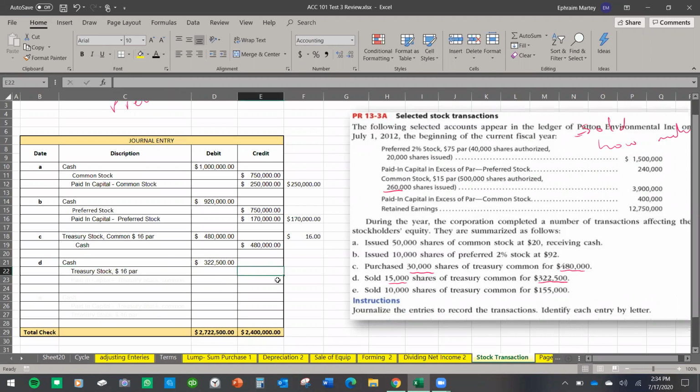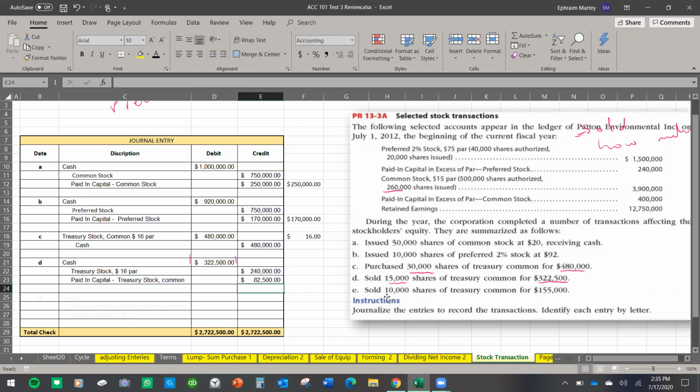You know the treasury stock is worth $16, so you take your 15,000 multiplied by $16. The treasury stock is worth 240,000, and this is more than what it is worth. You sold it at a premium, so you're going to have paid-in capital on your treasury stock. You take this minus that, and you have your treasury stock.